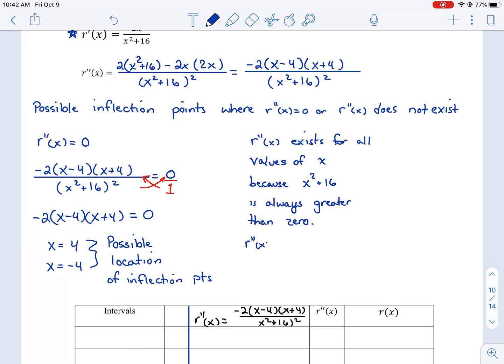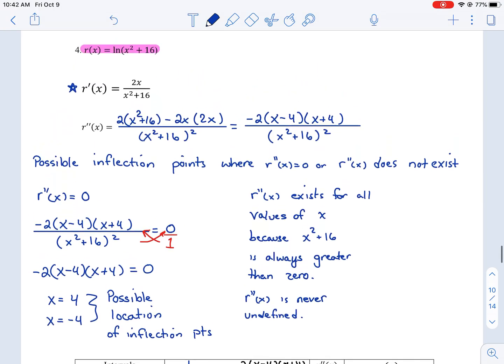So that means the second derivative is never undefined. All right, so there are no more possible locations of inflection points since the second derivative exists for all values of x.